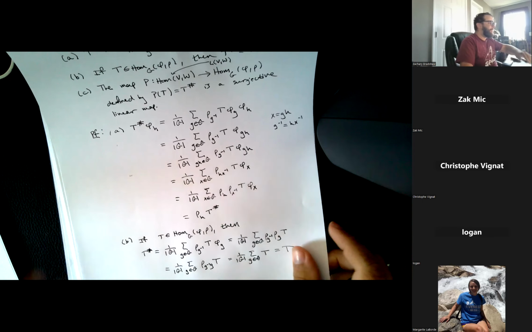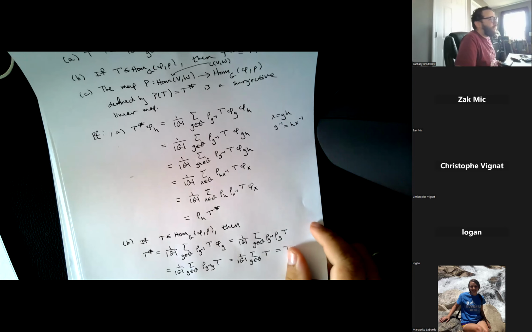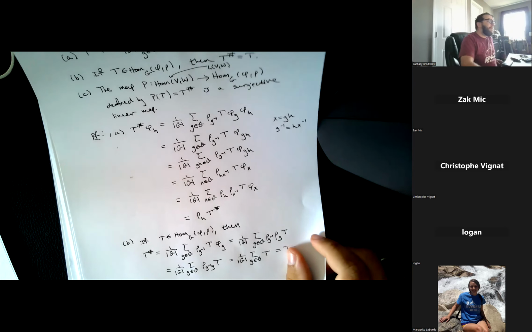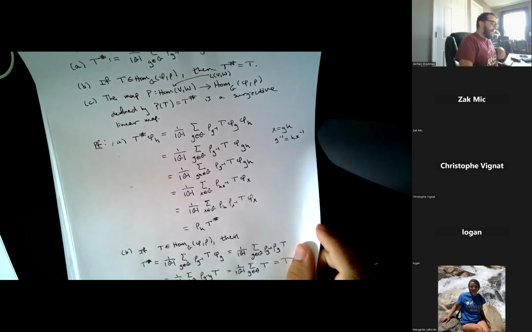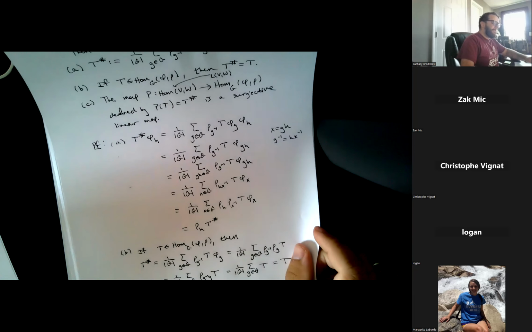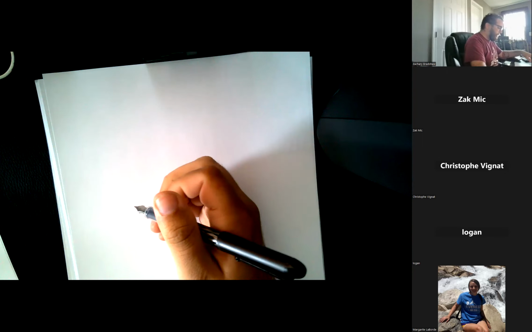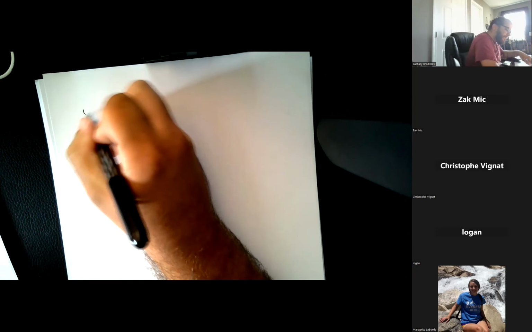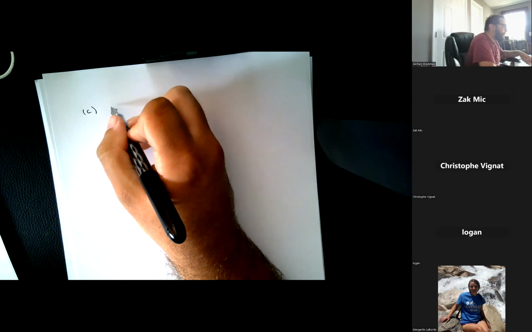Now C is to prove that this sharp map, or the twirl, is a surjective map from the set of linear maps between V and W onto the subset, which is the Hom set of morphisms. Okay, so for C, well, we have to prove a couple things.